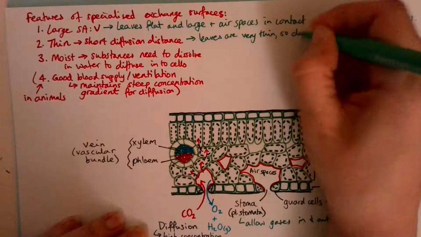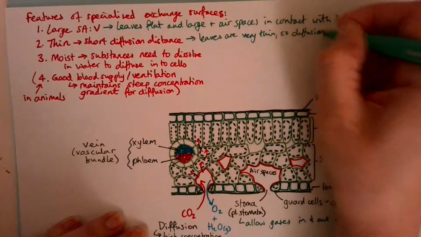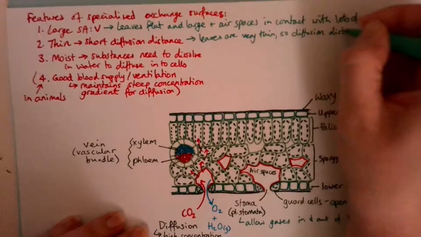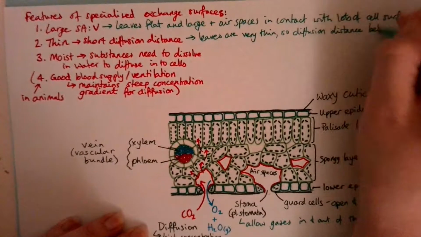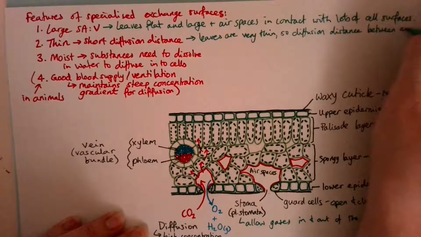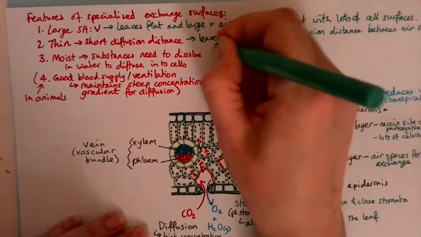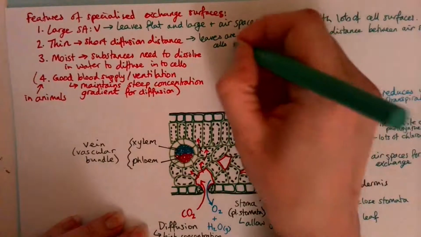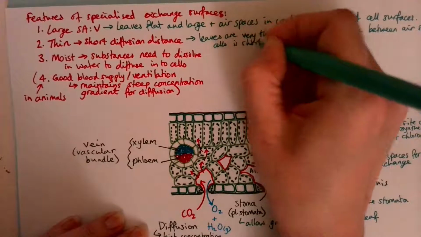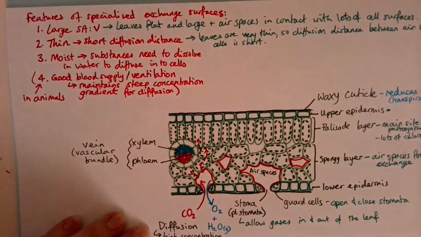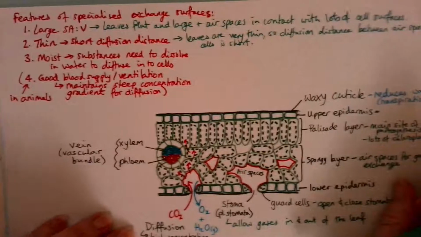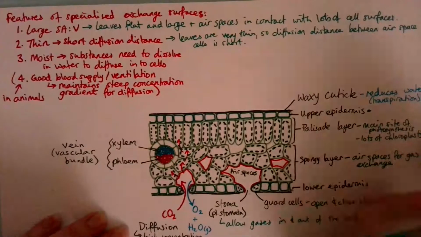So diffusion distance between air spaces and cells is short, and that means it's going to be able to happen quickly. Sorry, I went off the edge there.